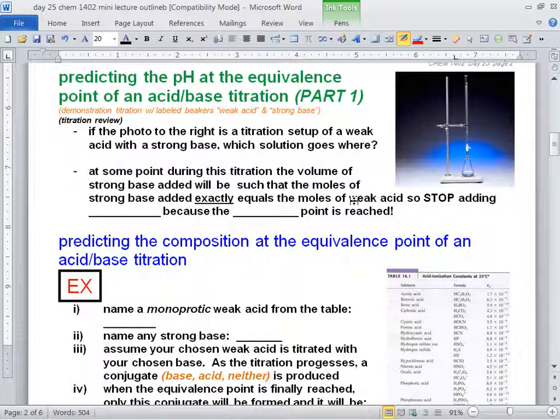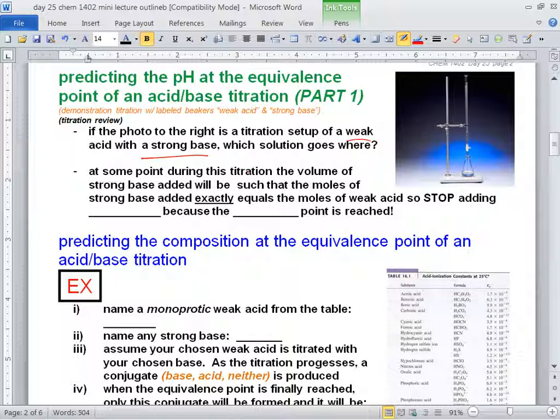This is a picture of a titration setup. Let's say it's a titration of a weak acid with a strong base. So which solution goes where, Andromeda? If I'm titrating a weak acid with a strong base, where does the weak acid solution go?